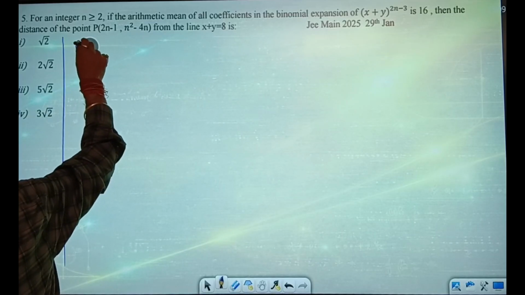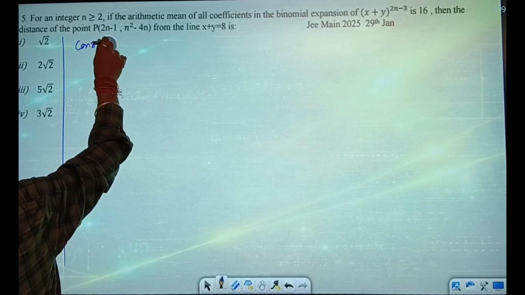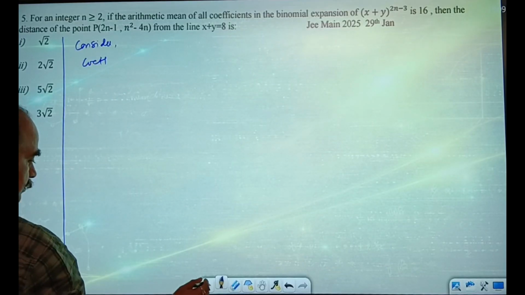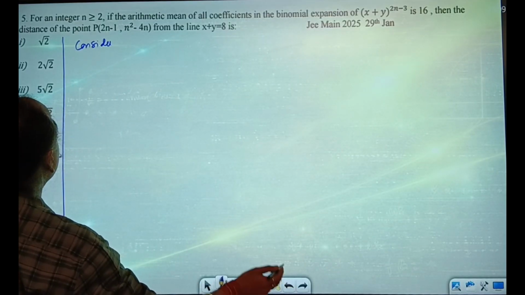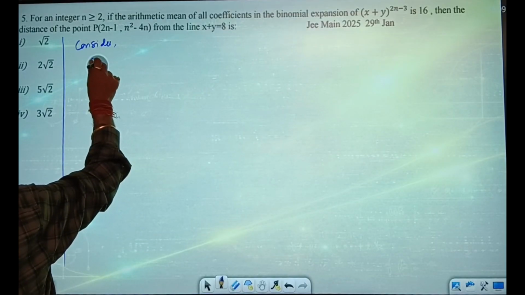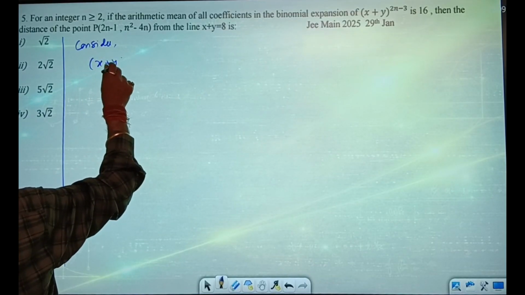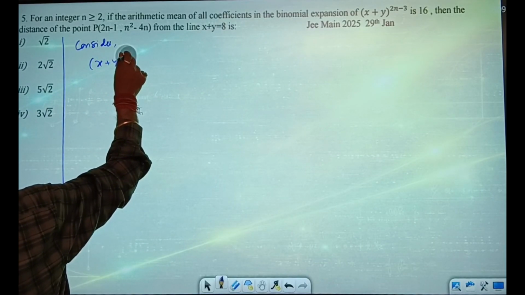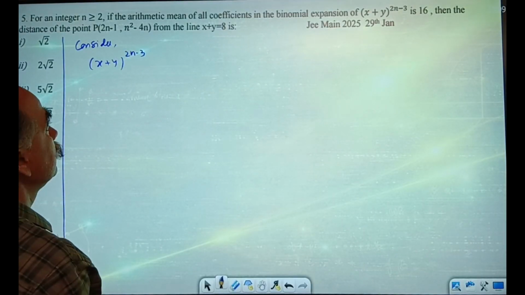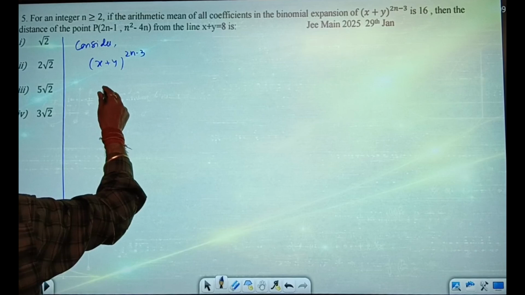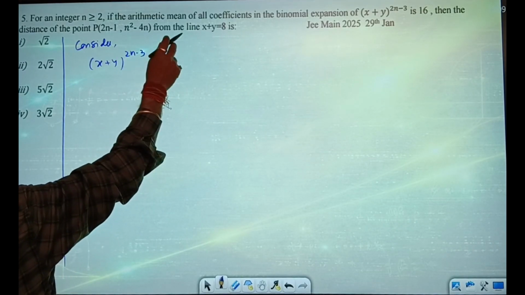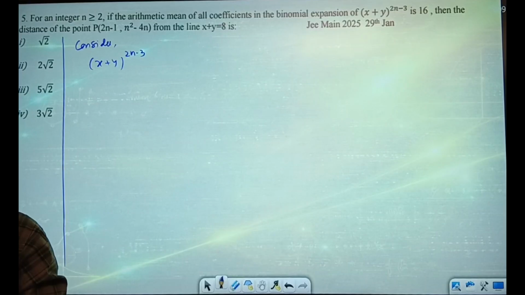Consider (x + y) raised to 2n minus 3. For the arithmetic mean, we need the sum of coefficients.